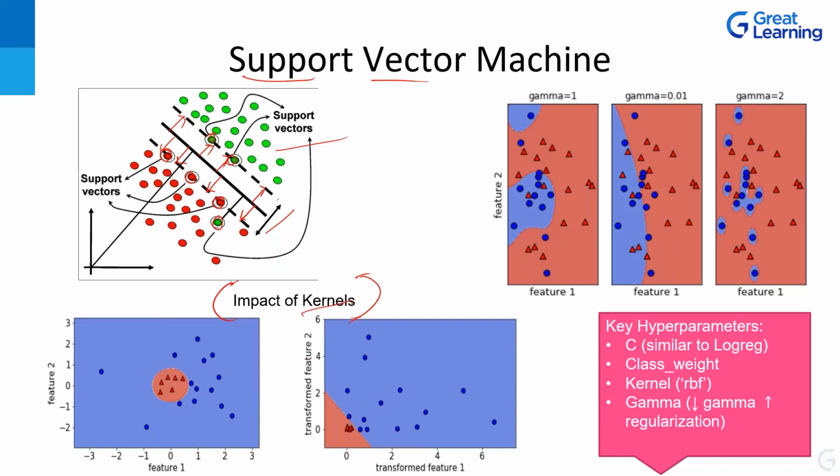Kernels in SVM help SVM fit non-linear decision boundaries. How does it do that? Let's say these are two features, feature 1 and feature 2, and these red triangles represent one particular class and these blue dots represent another class.